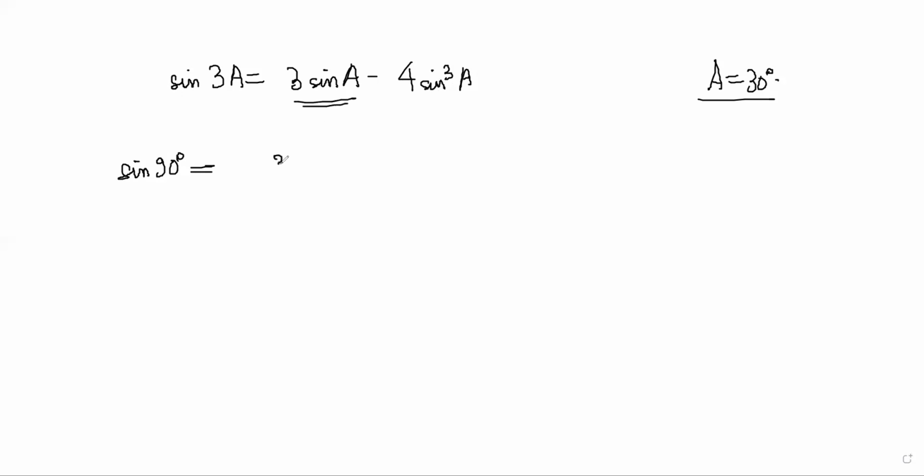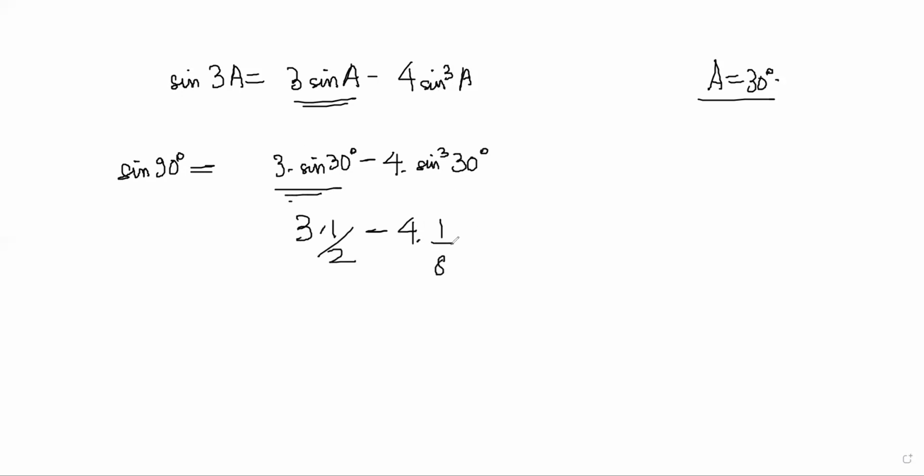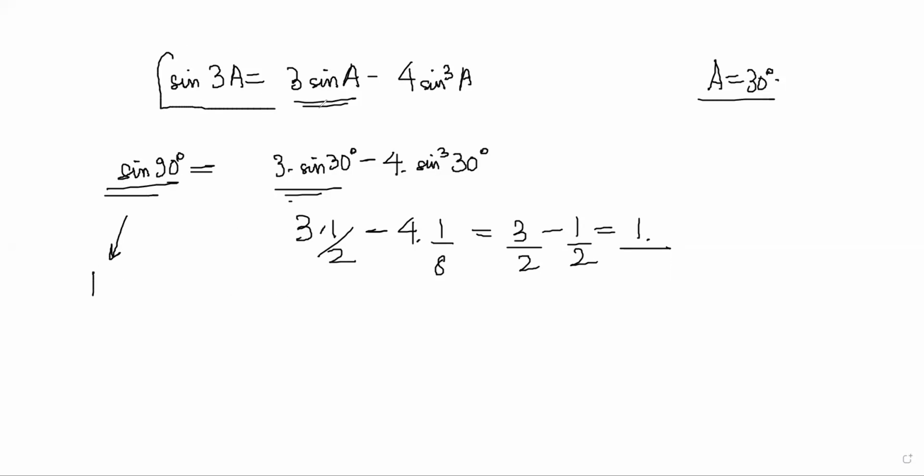And this will be 3 into sin 30 degrees minus 4 into sin cube 30 degrees, right? So check this side, 3 into half minus 4 into 1 by 8, right? That is 3 by 2 minus 1 by 2, which is 1, which is what should have come, right? Yes. So this formula is correct.